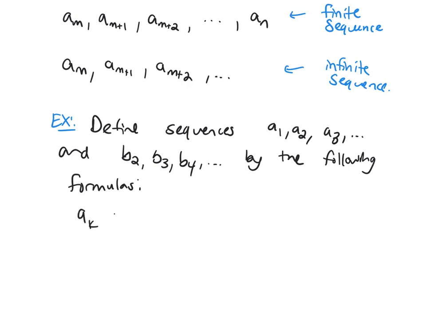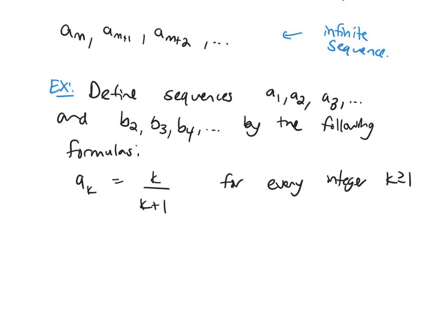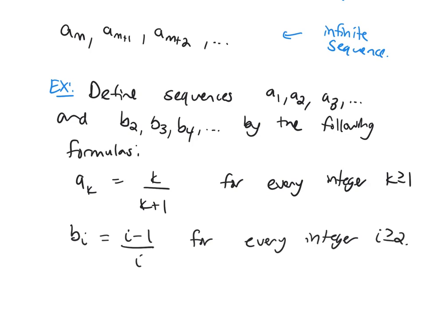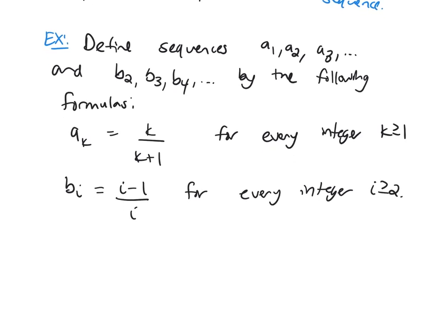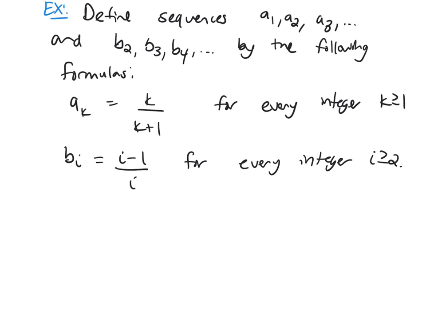So a_k will be given by k over k plus 1 for every integer k greater than or equal to 1. And b_i will be (i minus 1) over i for every integer i greater than or equal to 2. So what I want us to do is write out some of the terms of these sequences.